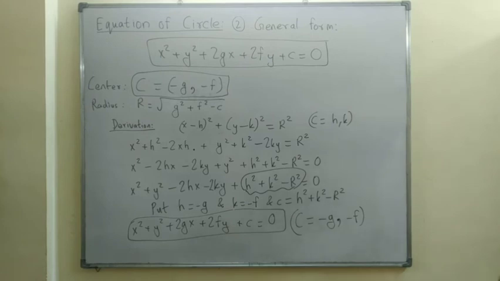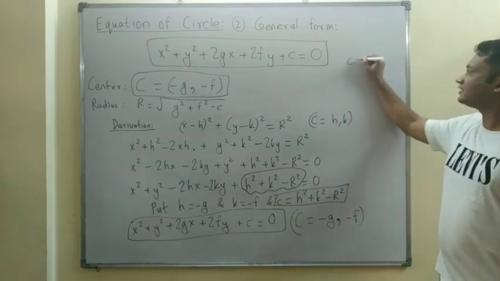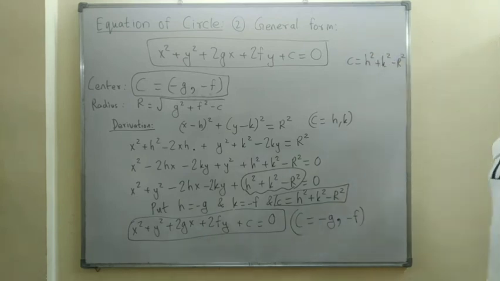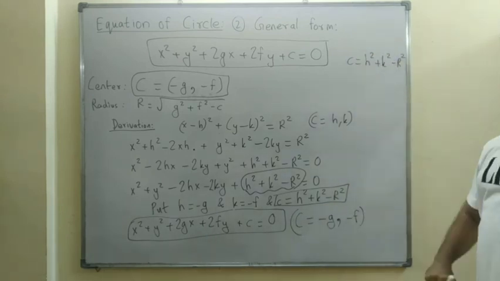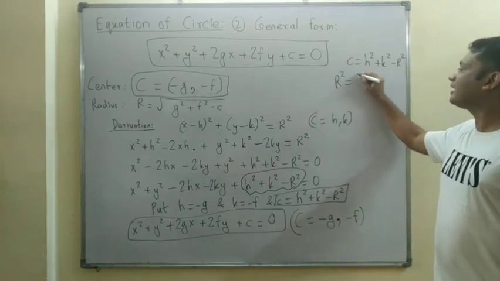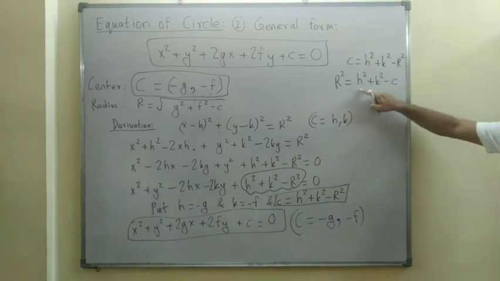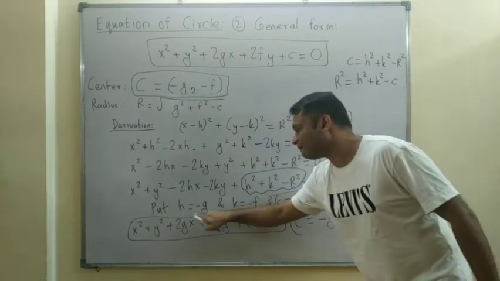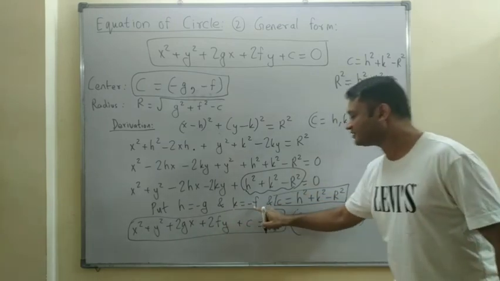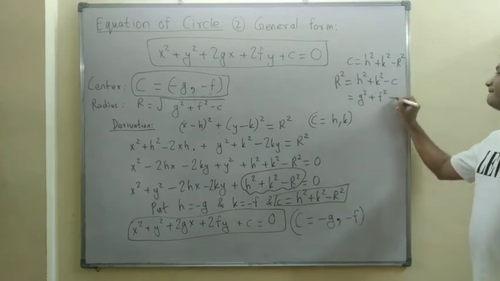Now let us find the radius. What have we substituted c as? c is nothing but h square plus k square minus r square. So let us take this r square on the LHS and c on the RHS. So r square will become h square plus k square minus c, but if I substitute h as minus g, it will be g square, and if I substitute k as minus f, then minus f square is f square, minus c.